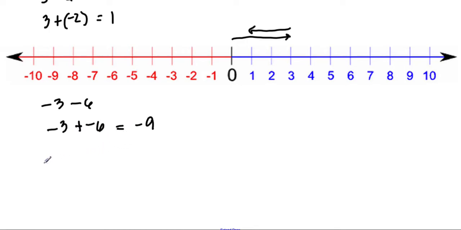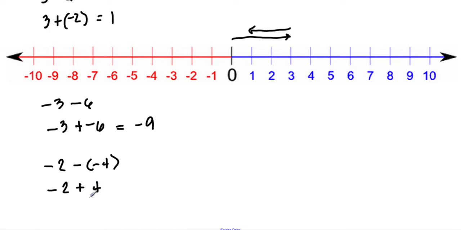Let me give you another example. If you have negative 2 minus negative 4, again, when subtracting, you add its opposite. So you keep negative 2, and then you're adding the opposite of negative 4. So what is the opposite of negative 4? The opposite of negative 4 is 4.